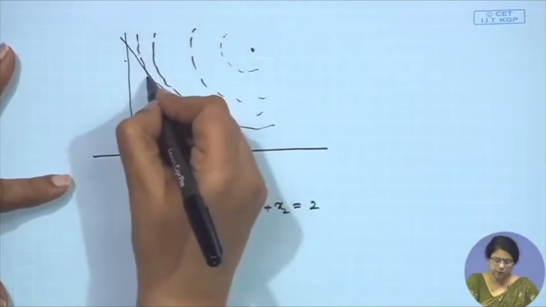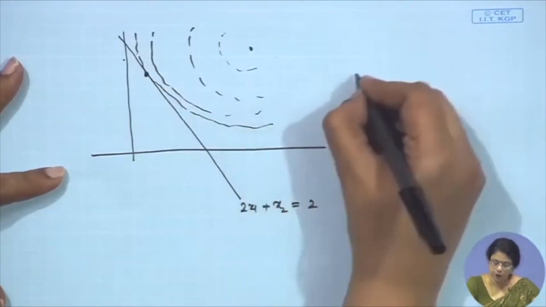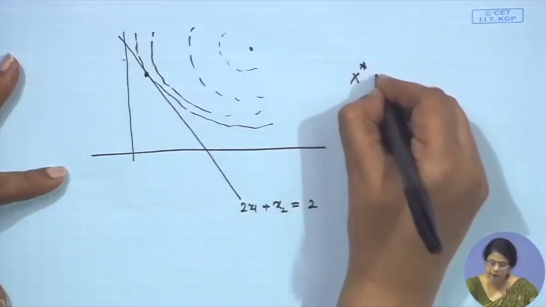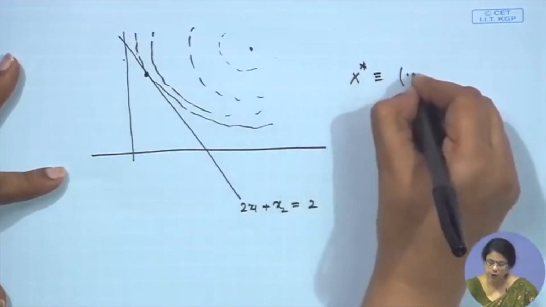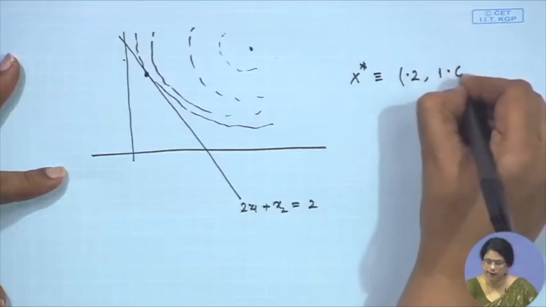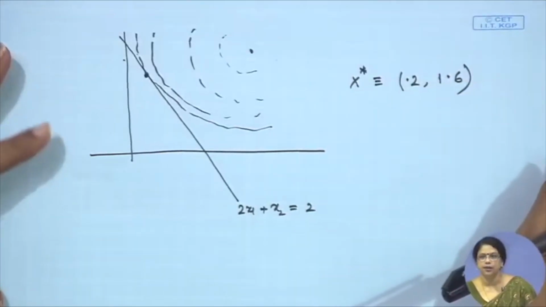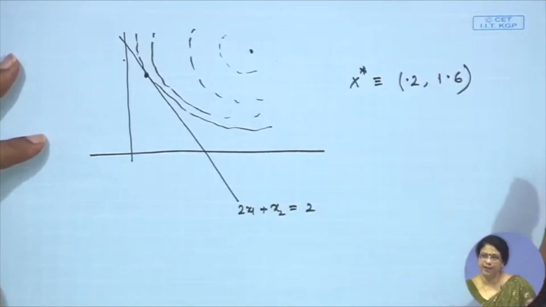Okay. For this problem, we will get the optimal solution as (0.2, 1.6), alright. If you solve for the different cases, we will get it.